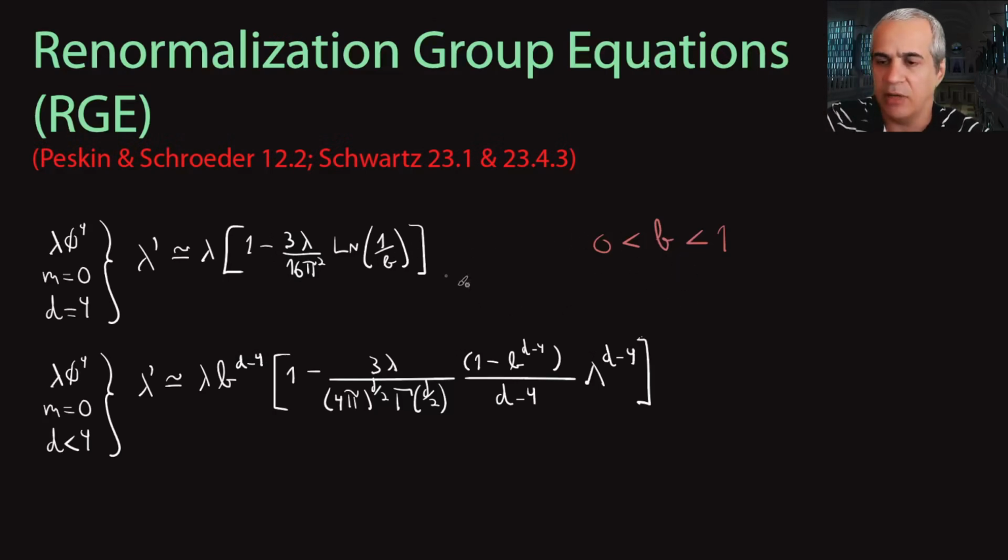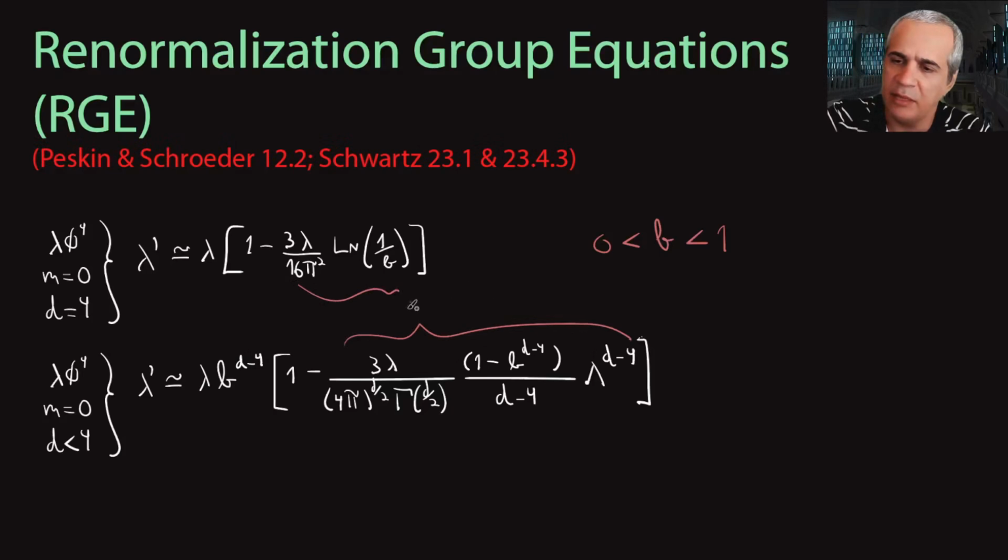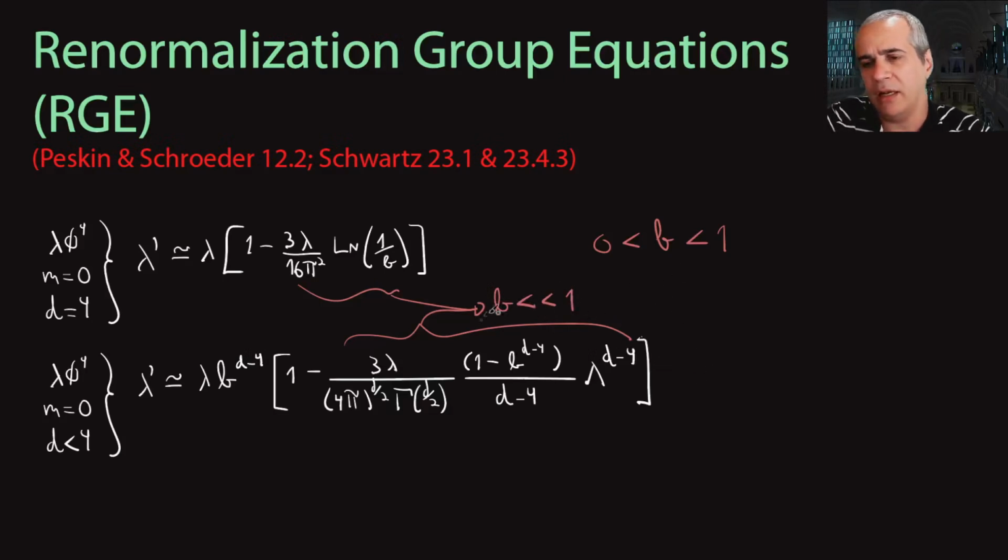And if b is not really close to 1, unless this parenthesis here is really small, then the correction will be proportional to lambda, which is my UV scale, which is supposed to be big. So in both cases, these corrections can become quite large in the limit where b is much smaller than 1, and that seems to work in the opposite direction of lambda. So I have to be careful with taking big steps here in this version of our renormalization group.